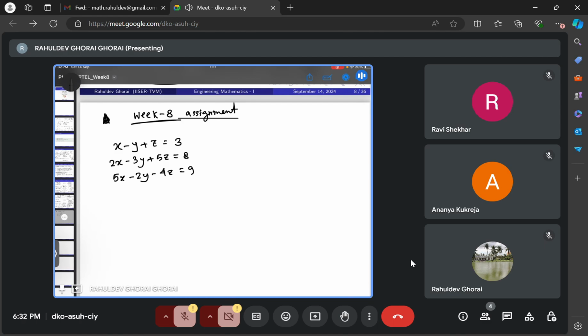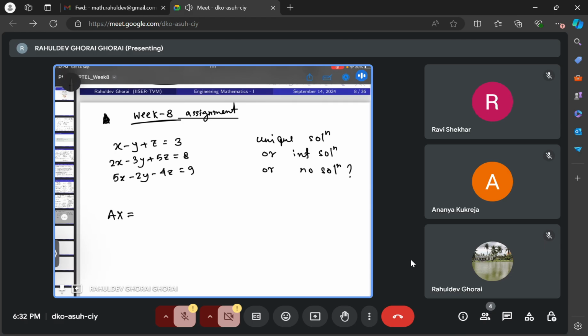Now this is an assignment question, which depends on what we have done. Using that, try to decide whether it has a unique solution, infinitely many solutions, or no solution.